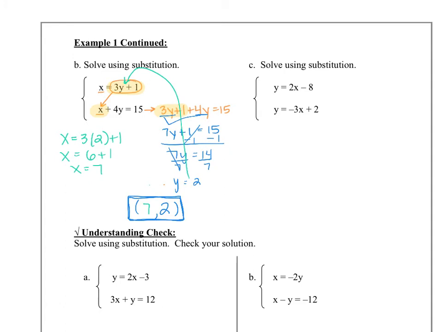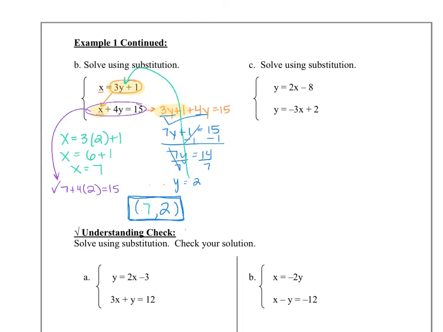Now, you don't have to do that big long check every single time, but you do need to make sure that it's close, that it works a little bit. So I would take this bottom equation to check. You don't have to check both of them, but check that bottom one just to see that 7 plus 4 times 2, which is y, equals 15.